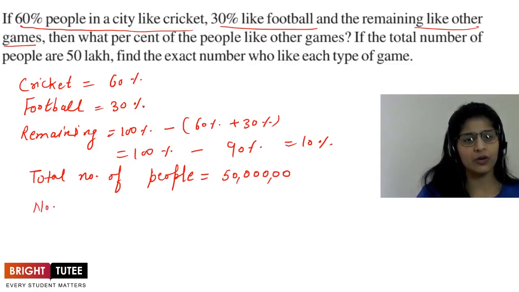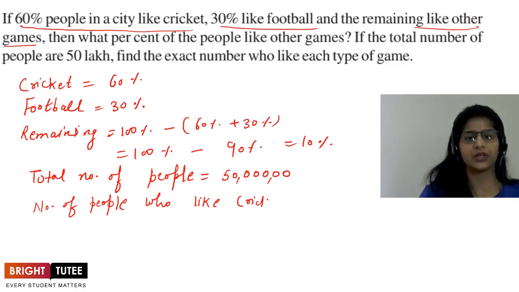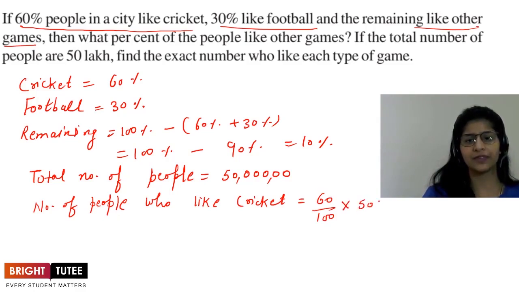So number of people who like cricket. For cricket we have 60%, that means 60 upon 100 of 50 lakh, right? So you cancel the zeros. 6 5s are 30. You get 30 lakh people who like cricket.